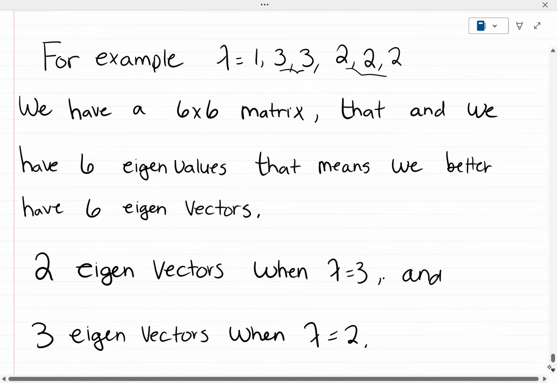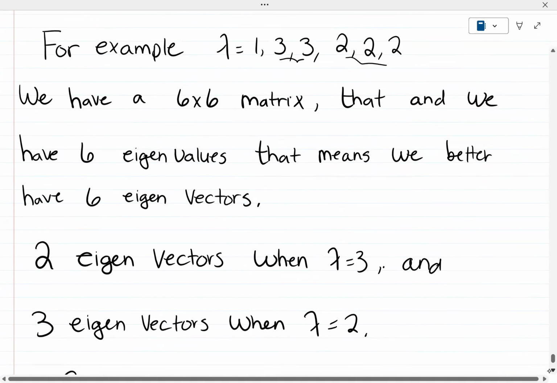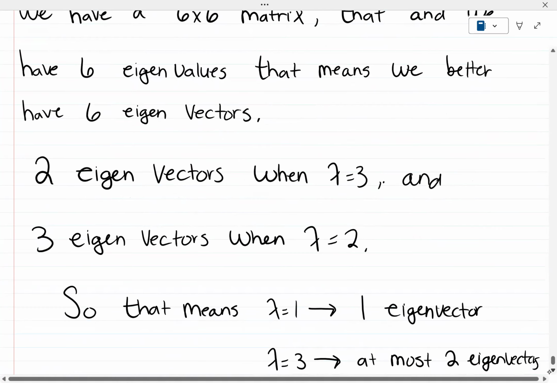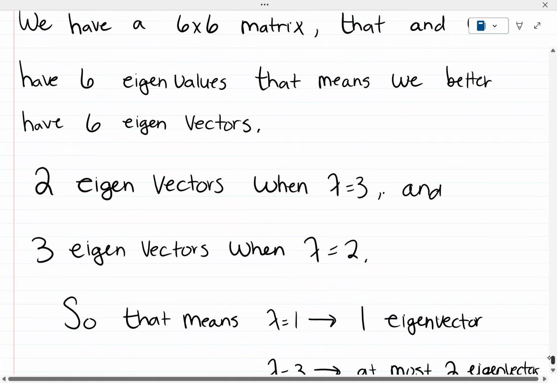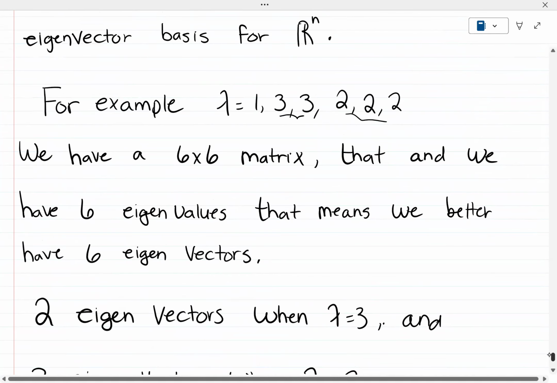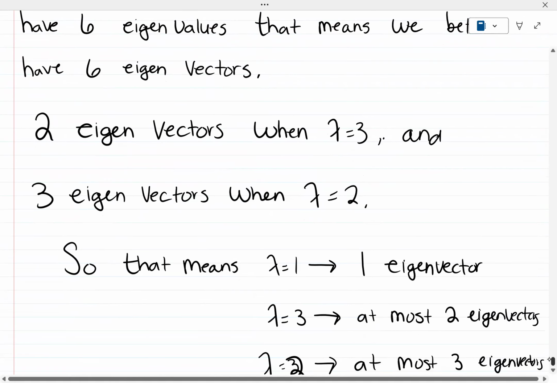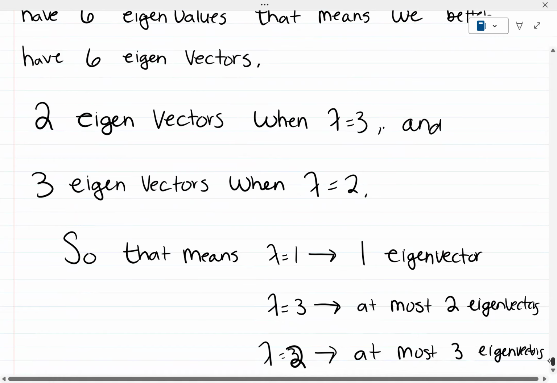So when lambda equals 1, you have one eigenvector, when lambda equals 3, at most 2 eigenvectors, and when lambda equals 2, at most 3 eigenvectors.